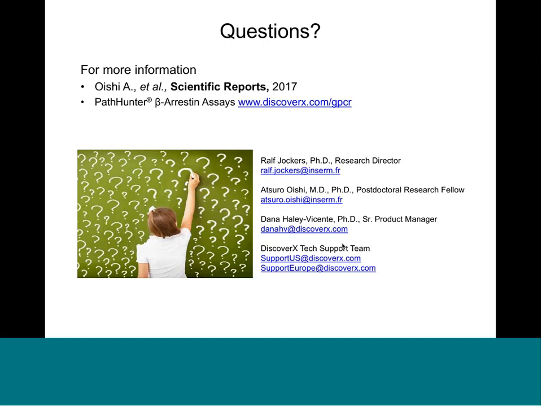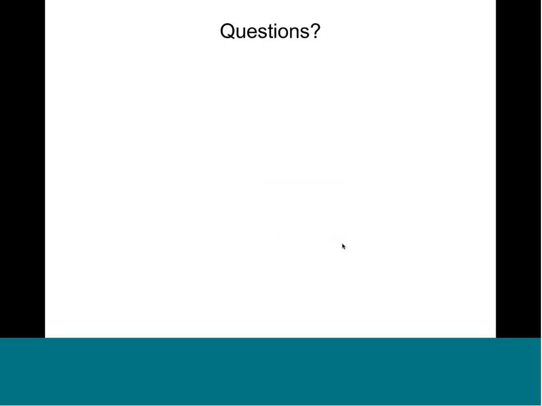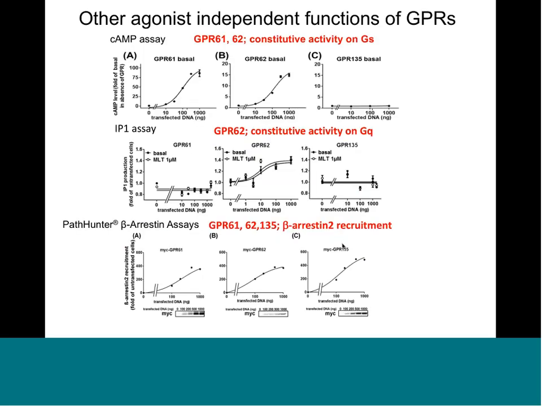Of course, we tested this possibility by adding melatonin, so the ligands to be tested. But we also tested this concerning the constitutive activity. Maybe you can show, yes, it should be this slide.